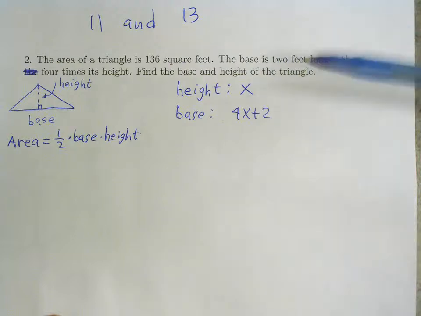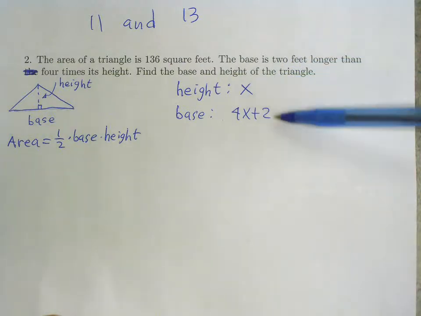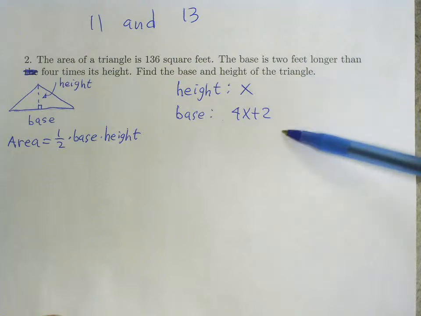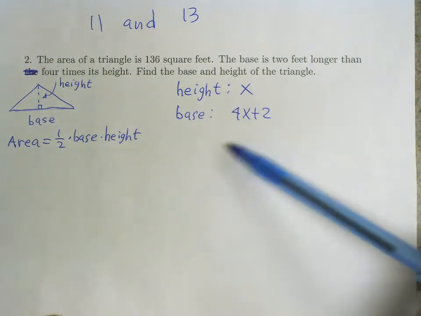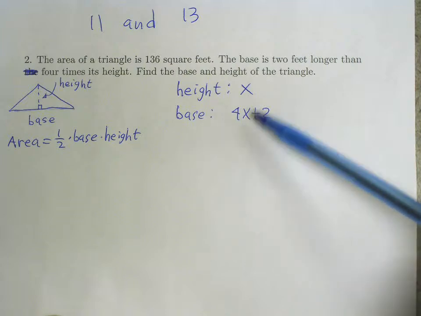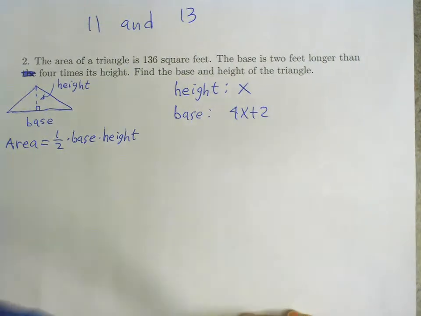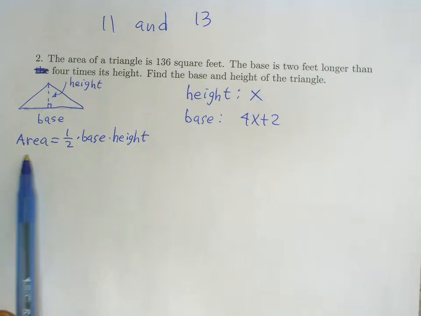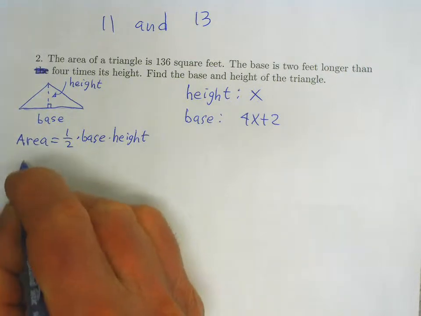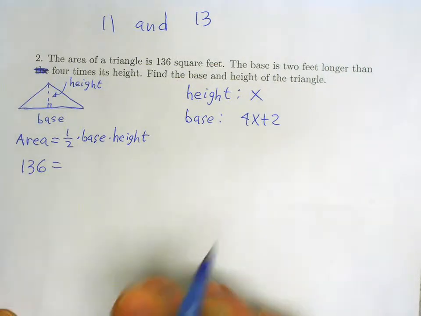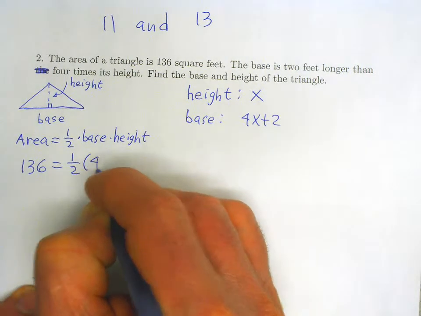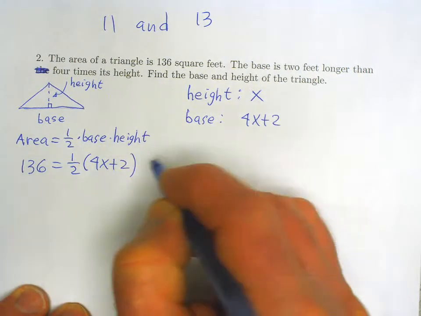And then you can stand back and look at your variable assignments and read the information again and make sure that it makes sense. Okay, it seems to make sense. The base is 2 more than 4 times the height. Okay, now we can use the area of a triangle formula. We're given that the area is 136 square feet, and that's equal to 1/2 times the base times the height.